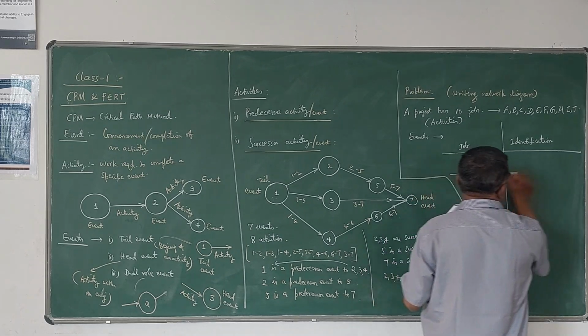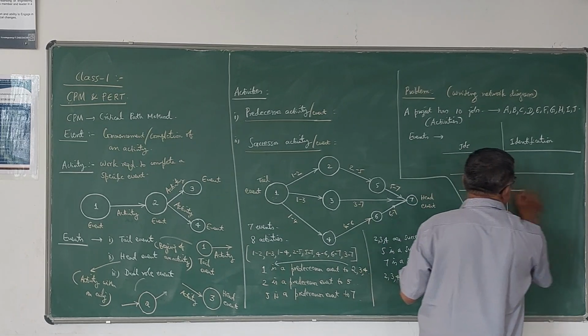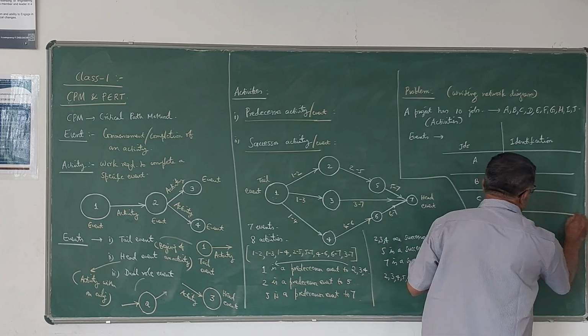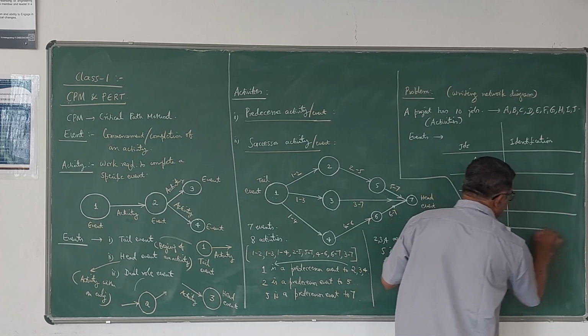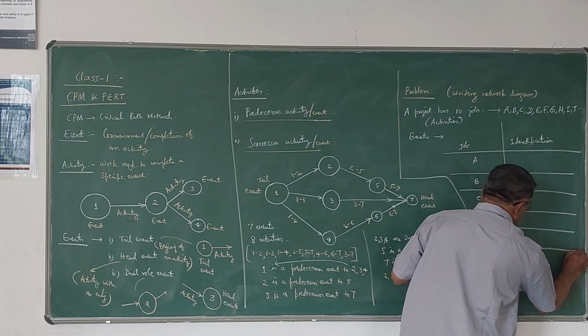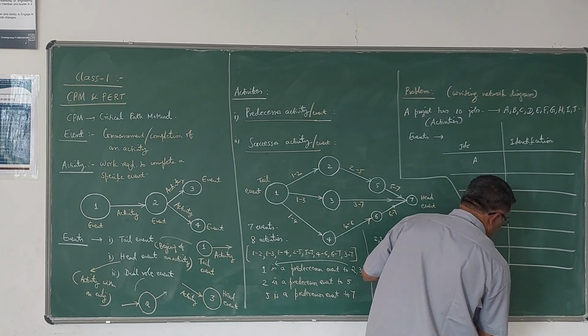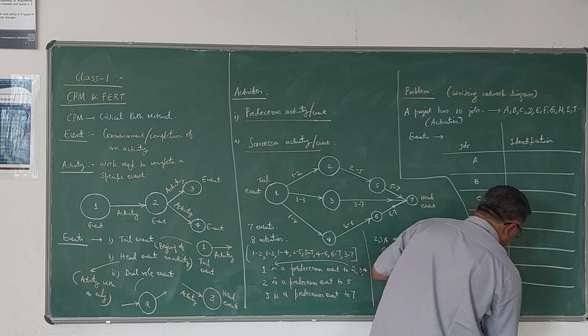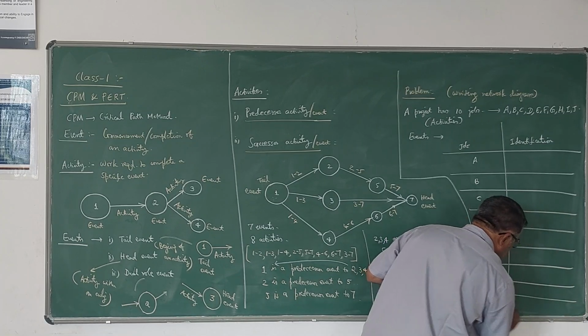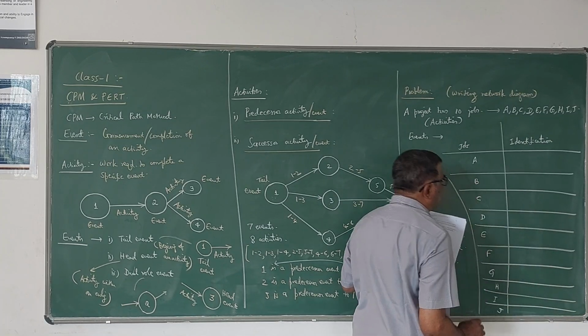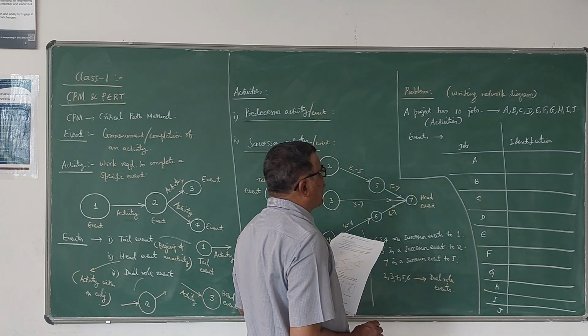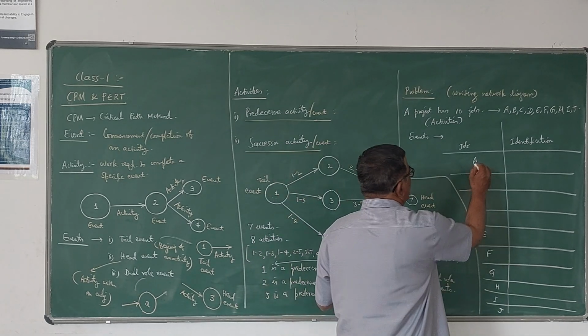So there are 10 jobs here. Instead of giving 1, 2, 3, 4 like that, he has given A, B, C, D, E, F, G, H, I, J. There are 10 events or 10 activities or jobs here.